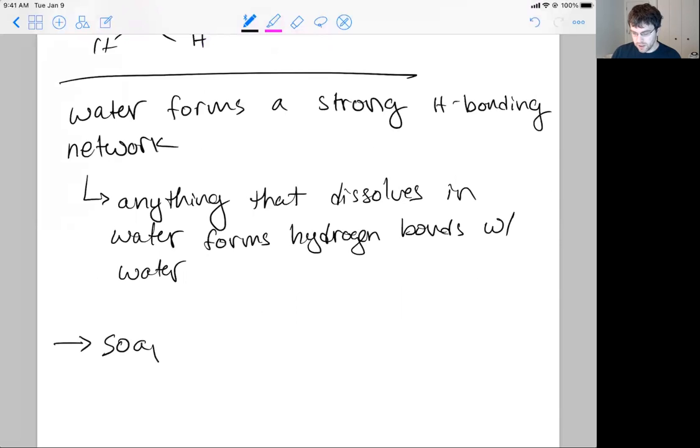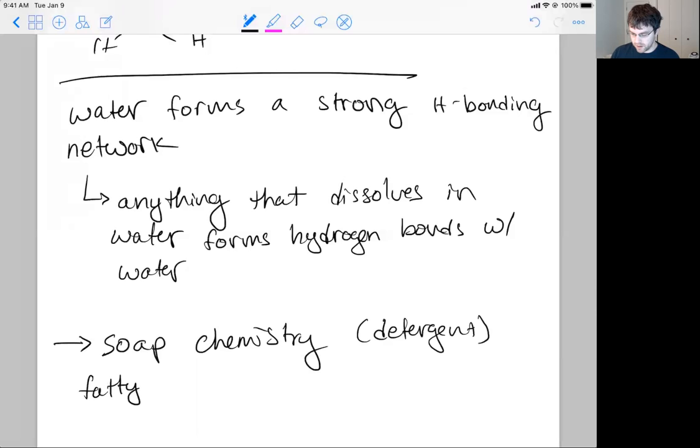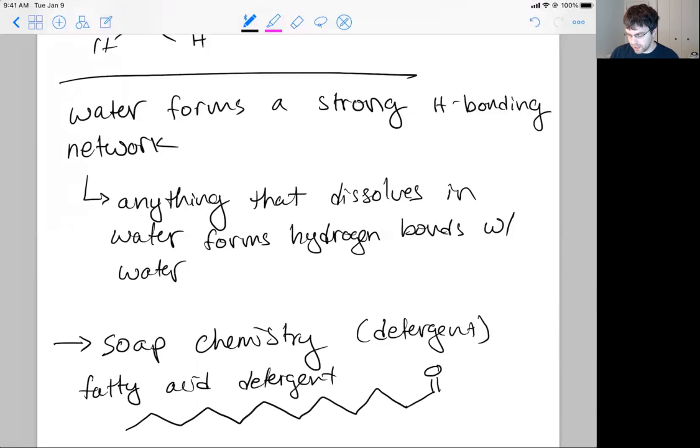So soap is kind of built up, and this could be much more complicated, but let's focus on what's called a simple detergent. So soap is a common detergent. Let's talk about a fatty acid detergent. Fatty acids are derived from biological fats or waxes in the body.